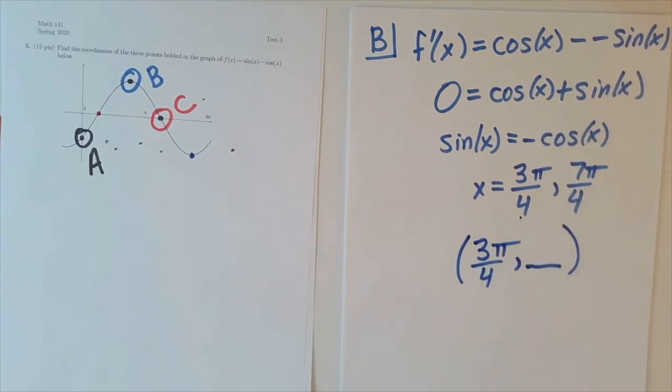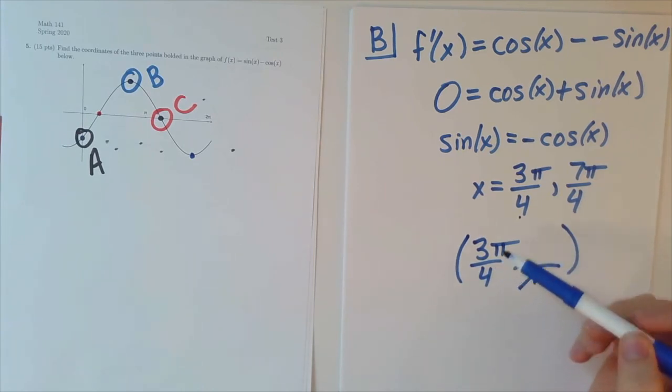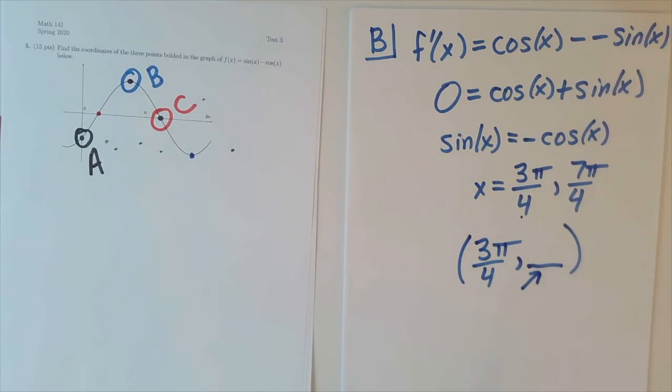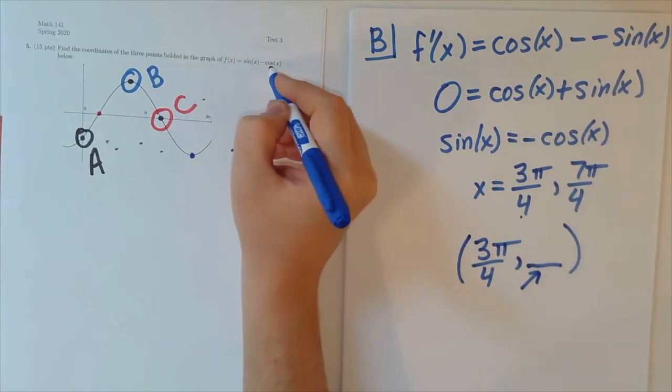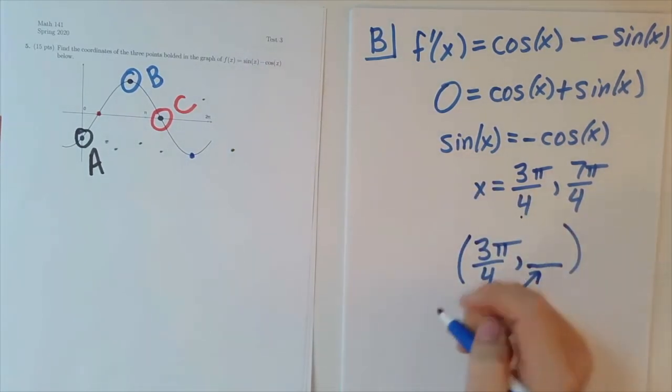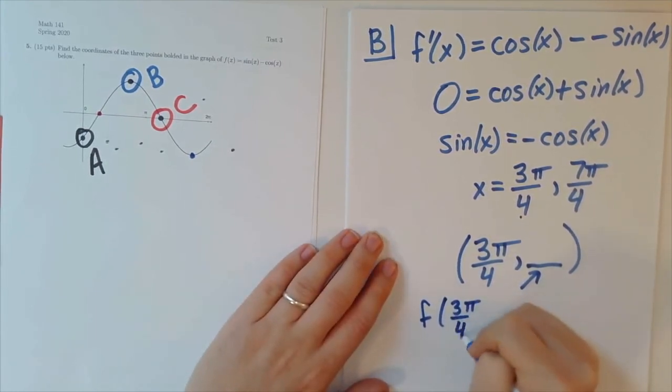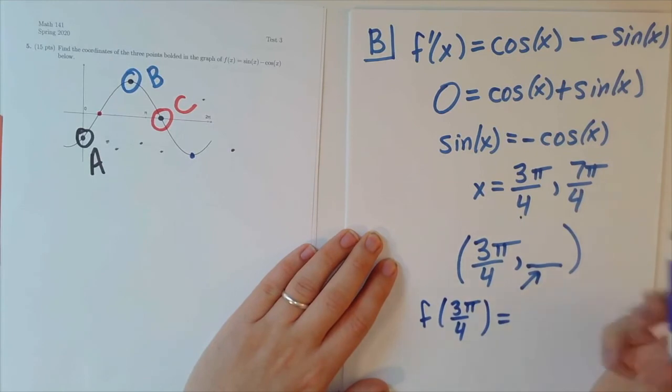And how do we figure out the y-coordinate? Well, to figure out the y-coordinate, we need to plug the x-coordinate back in. And remember, we don't plug it into the derivative. We plug it back into the original function. So we're going to plug it all the way back into this sine of x minus cosine of x. So f of 3 pi over 4. What is that?